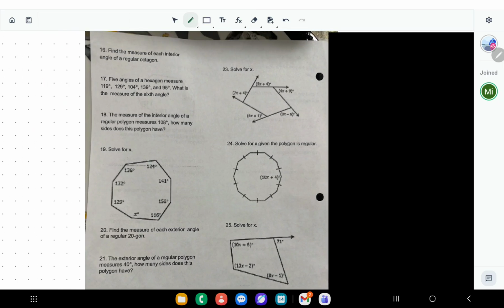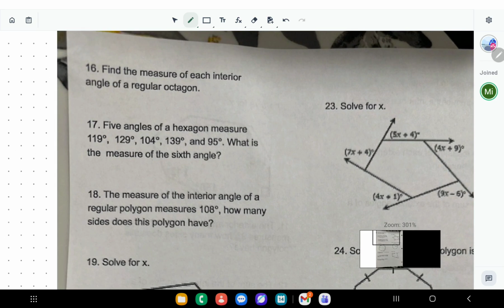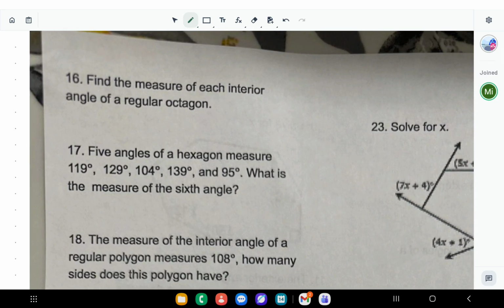All right, number 16. Find the measure of each interior angle of a regular octagon. So how many sides does an octagon have? 8. Then the next thing we do is find the sum of the interior angles.